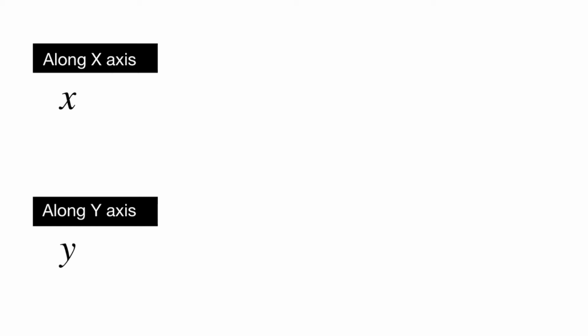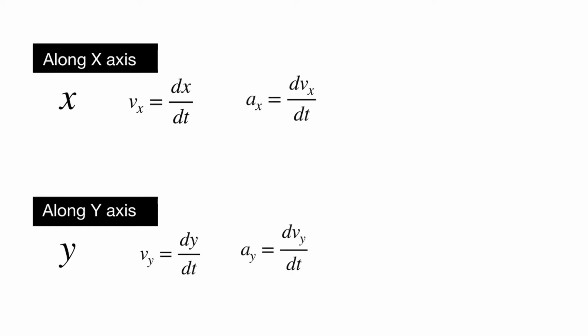Now along the x-axis the velocity vx is given by the rate of change of position in x direction, which is equal to dx by dt. Similarly, vy is dy by dt. The acceleration along the x-axis is the change in velocity in x direction with time, which is dvx by dt. Similarly, the acceleration ay is dvy by dt.